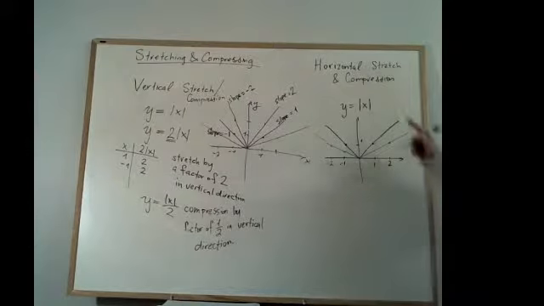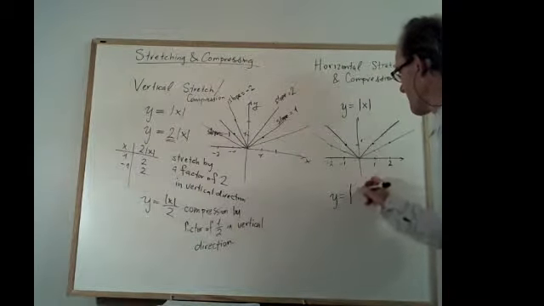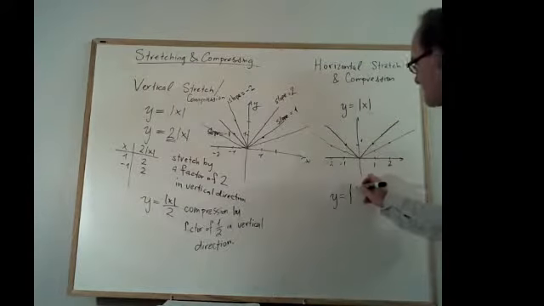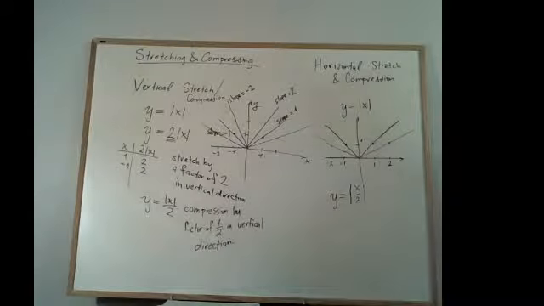So I claim that what I have to do is replace x with x divided by that stretching factor, 2. Okay, so this works in a similar way as the shifting did. I kind of do the reverse operation on x. So it's not going to stretch. You think you might have to put a 2 there, but it's not that way.